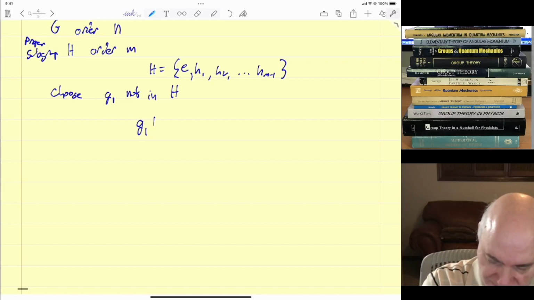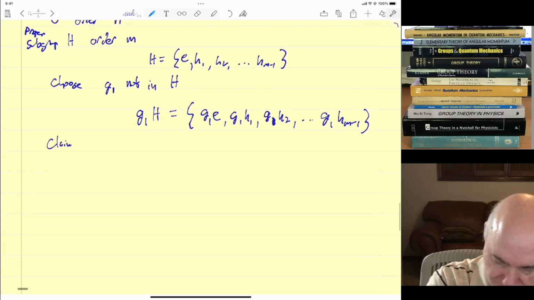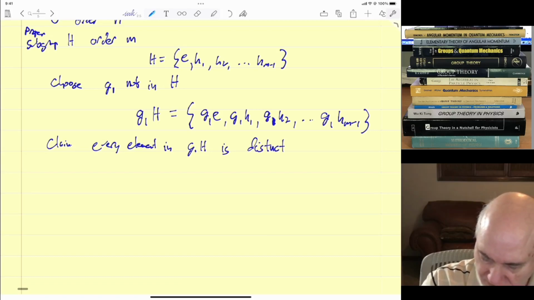Let's form the set G1H, and this is equal to, we're going to multiply G1 by every element in H. G1E, G1H1, G1H2, G1Hm minus 1. Okay? Now, claim, my first claim, every element in G1H is distinct. Okay?